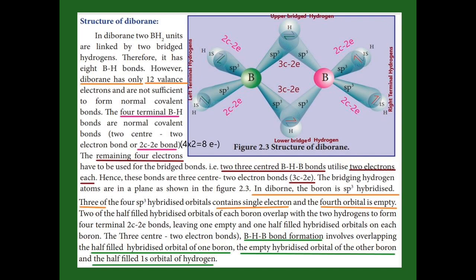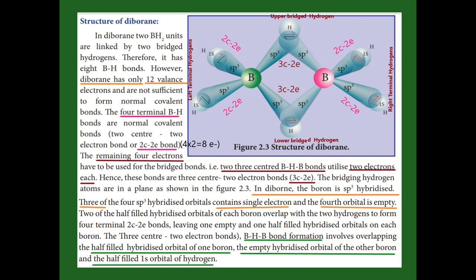Now 12 minus 8, how many electrons remain? 4 electrons. Those 4 electrons we use for 3 center BH bonds, 2 electrons each. Now how they are used: there are 2 three center BHB bonds. The upper BHB is 1 three center bond, it uses 2 electrons. The same way the downward BHB is another 3 center bond, it uses 2 electrons. So the 4 electrons are used this way.